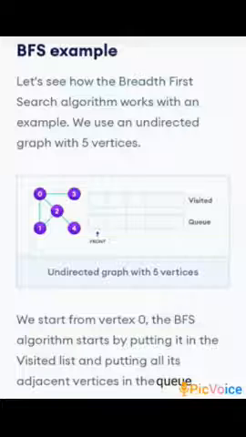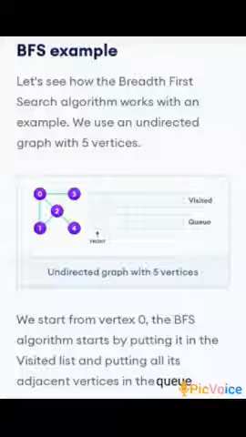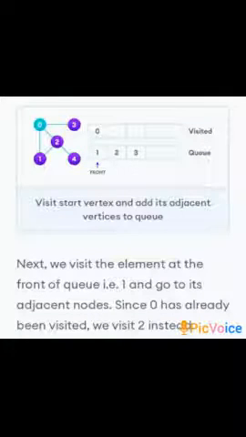Here the adjacent vertices of 0 are 1, 3, 2. 0 has 3 adjacent vertices, that are 1, 2 and 3. These 3 are added. Here the adjacents of 0 are 1, 2, 3 and they are added into the queue.